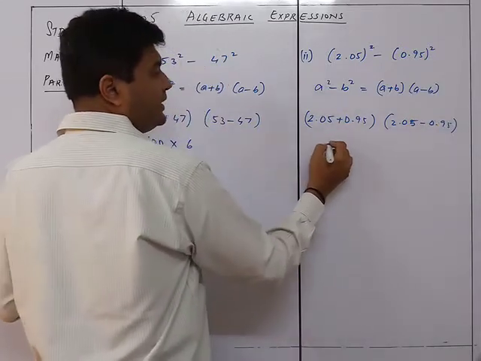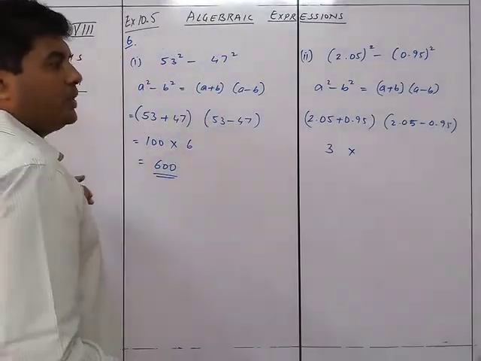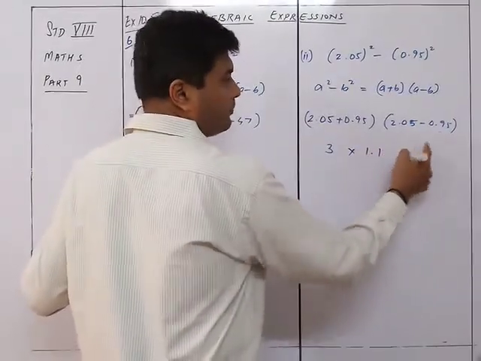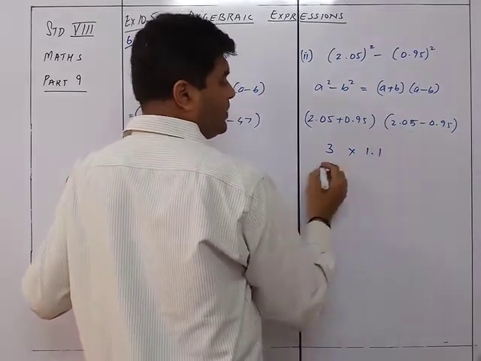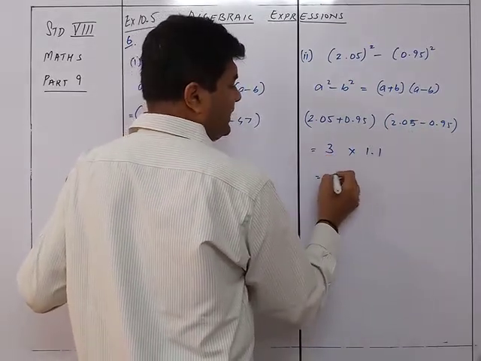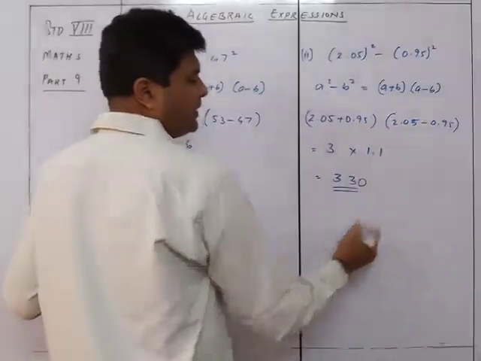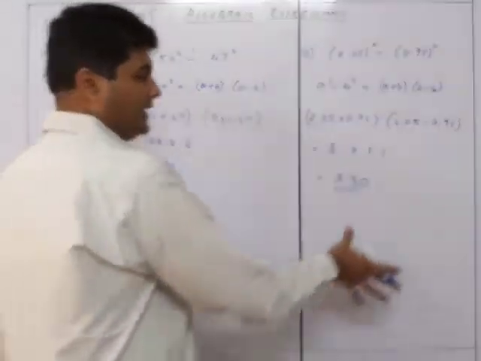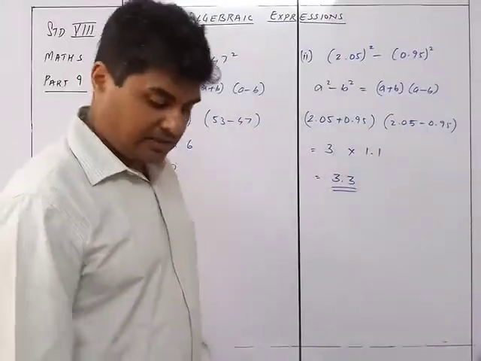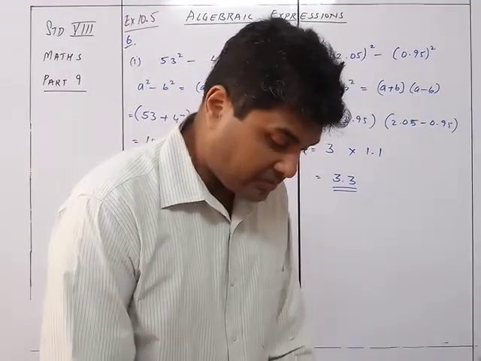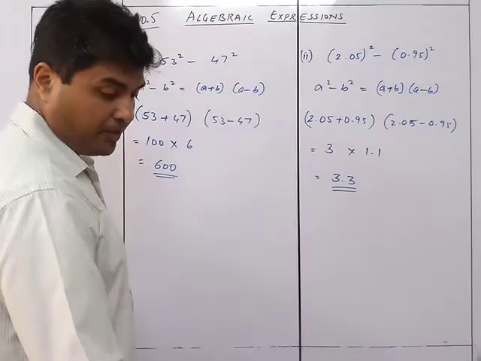So the addition over here is 3 and the subtraction over here will be equal to 1.1. So therefore the answer will be 3.3. To be more precise, 3.30 भी लिख सकते हो, नहीं लिखा तो भी चलेगा. Okay. So that was sum number 6, the first and the second sum. Sum number 6 is 600 and 3.3.